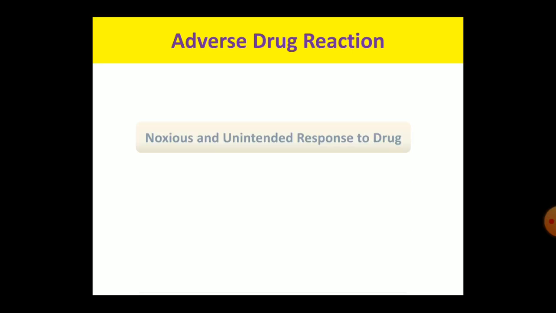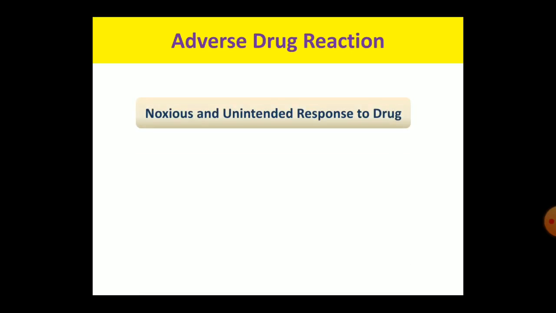So what is adverse drug reaction? Any noxious and unintended response, a response you have not intended. A common example: suppose you are taking an analgesic drug for the relief of a headache, you don't want any action other than the pain relief, but unfortunately you get gastric irritancy or peptic ulcer.